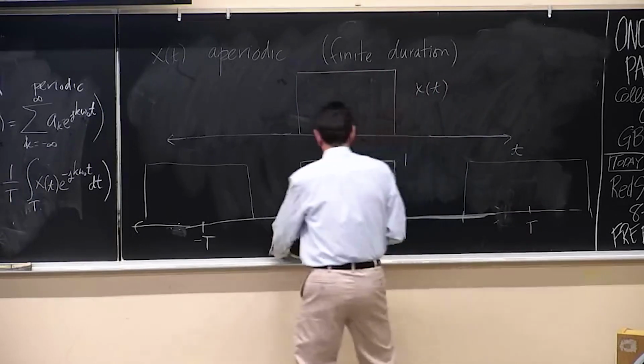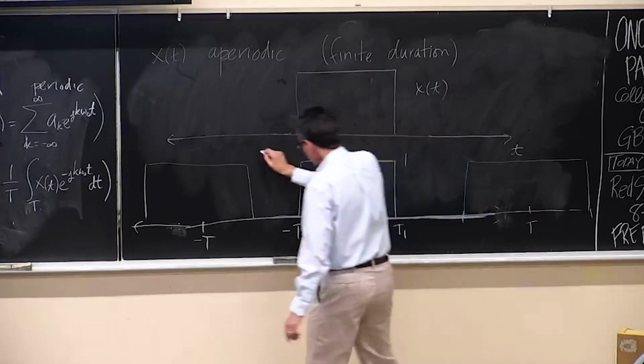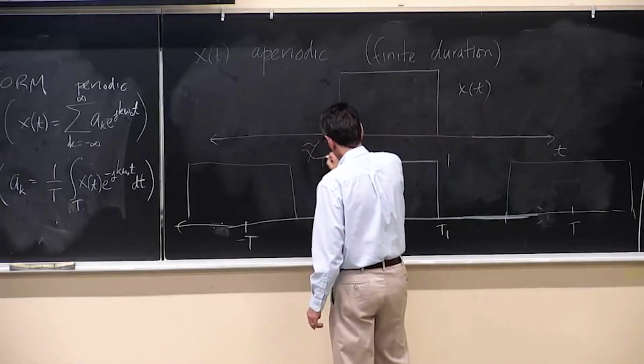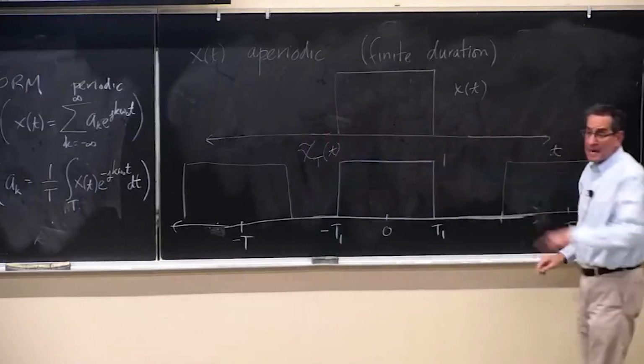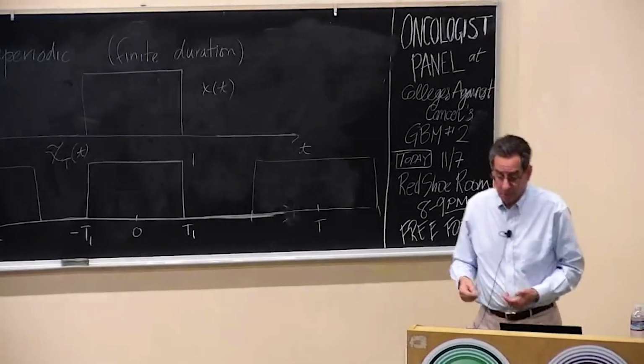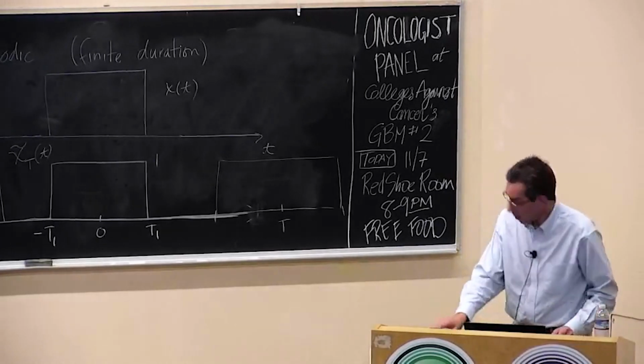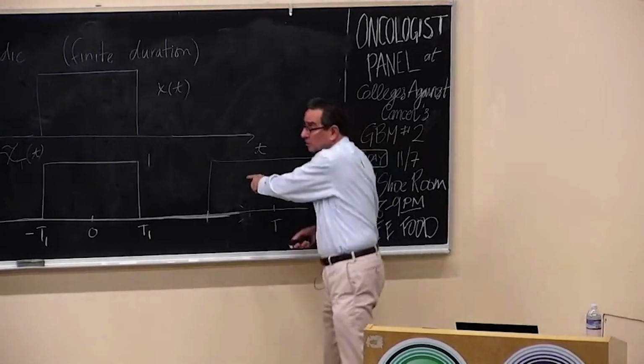And now I'm creating this periodic signal. Let me call it x tilde with a subscript capital T, so that I know I've made it periodic with period capital T. For this, we compute the Fourier series.